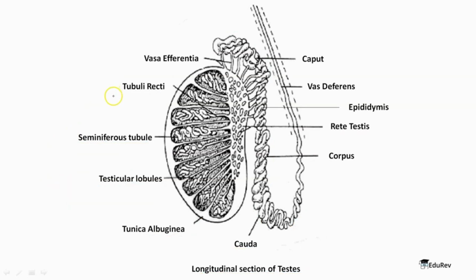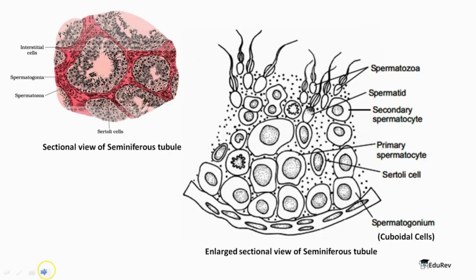Now let's move forward. We know that formation of sperms takes place inside the seminiferous tubule. So let us study the structure of the seminiferous tubule. In one testicular lobule, we have 1 to 3 seminiferous tubules, right? And this tubule is lined with 2 types of cells. The first type is the cuboidal cells in the germinal epithelium.